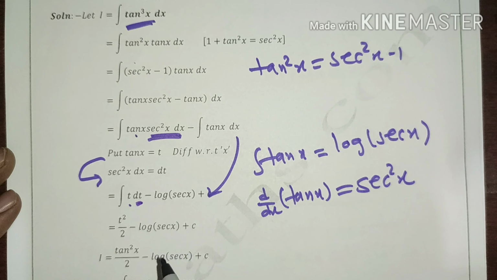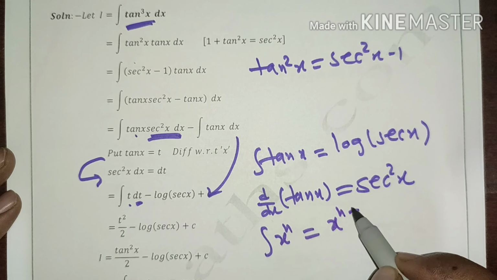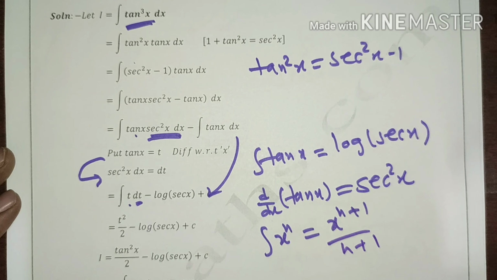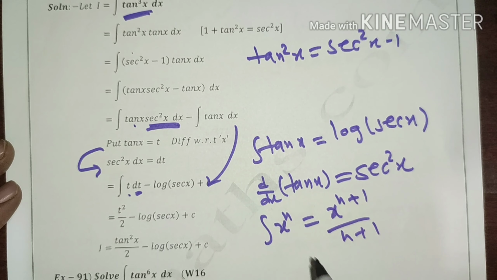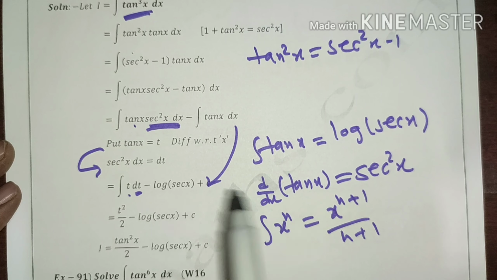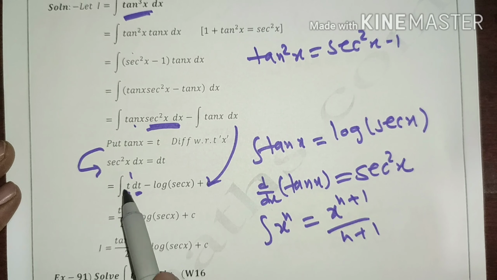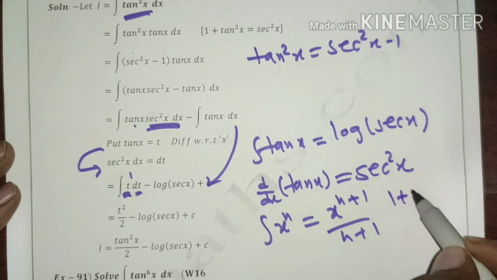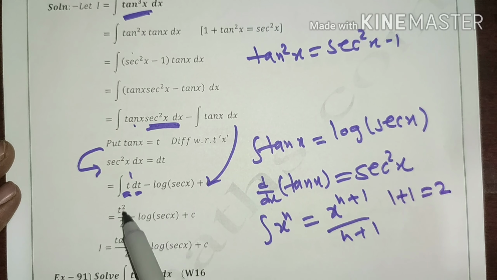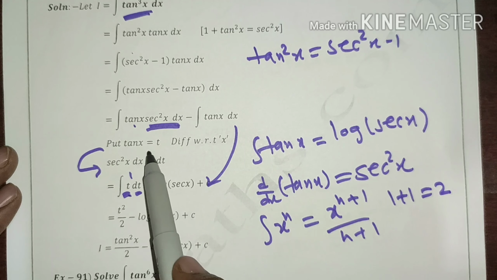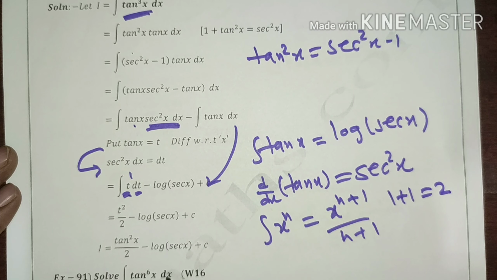The integration of t is t square by 2, because we use the formula integration of x to the n is x to the n plus 1 divided by n plus 1. That means we add 1 to the power and divide by the same. The power of t is 1, so 1 plus 1 is 2. So we get t square by 2 minus log of sec x. After resubstituting t as tan x, it becomes tan square x by 2. Thank you.